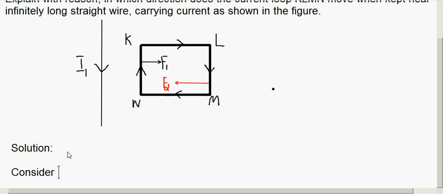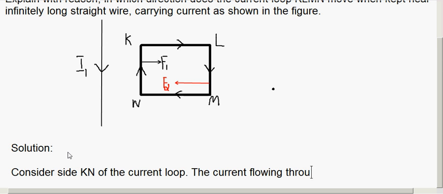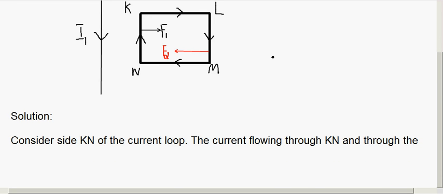Consider side KN of the current loop. The current flowing through KN and through the straight wire are in the same direction.